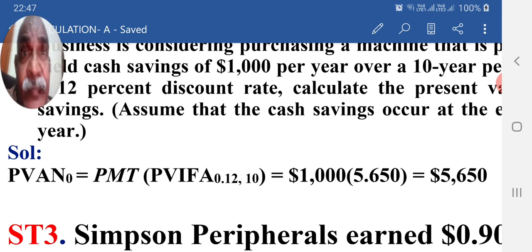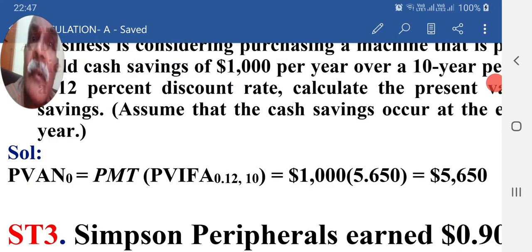Payment is how much the bank is paying you, or how much this machine is giving you as return. That is saving, you can say saving of 1000 rupees every year. So payment is 1000 multiplied by the present value interest factor, I is equal to 12% and N is equal to 10 years.